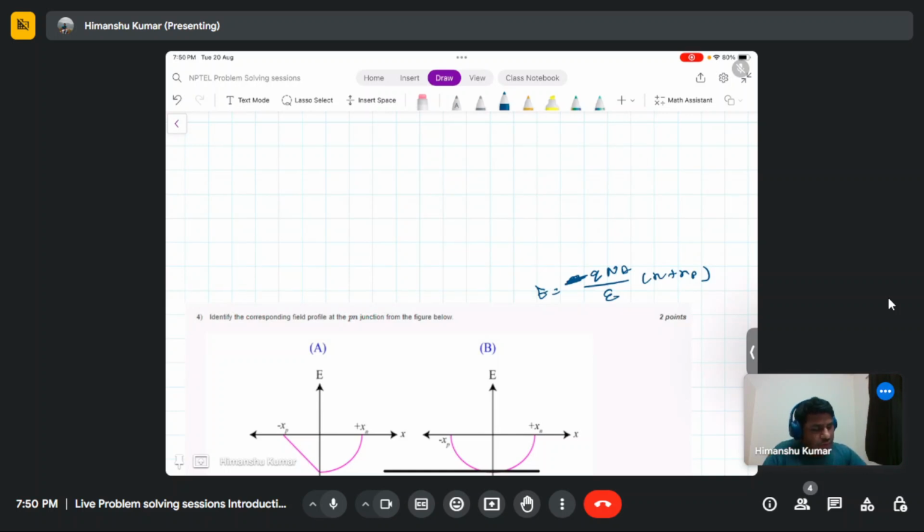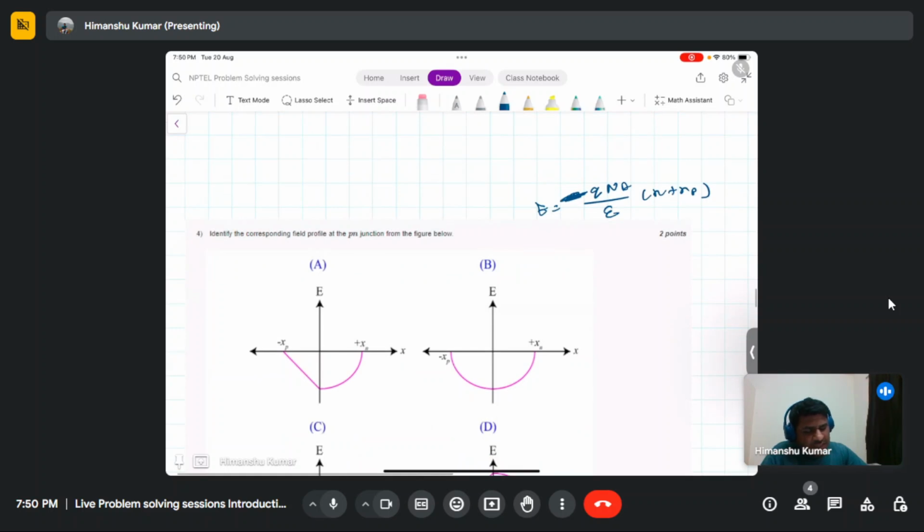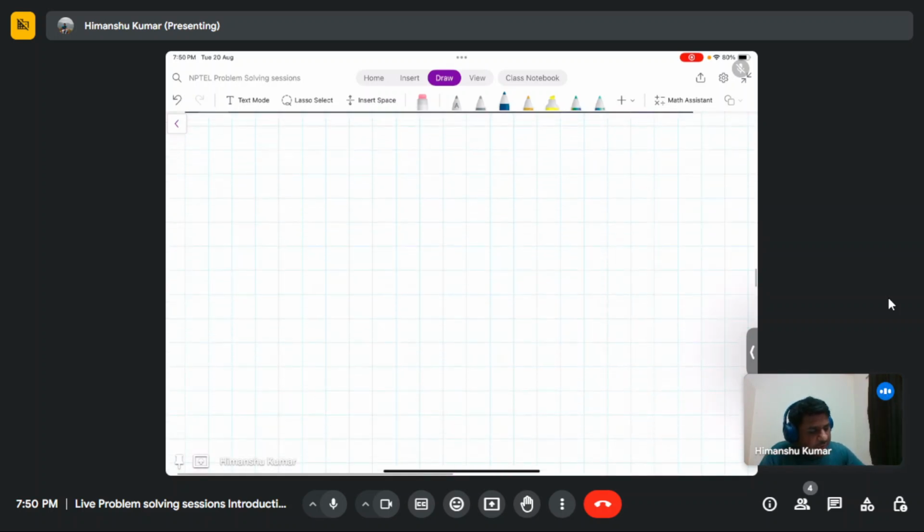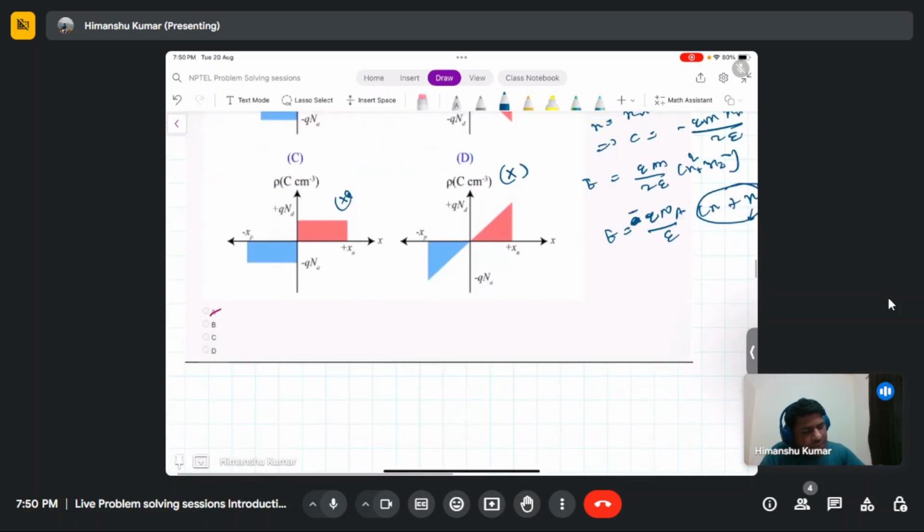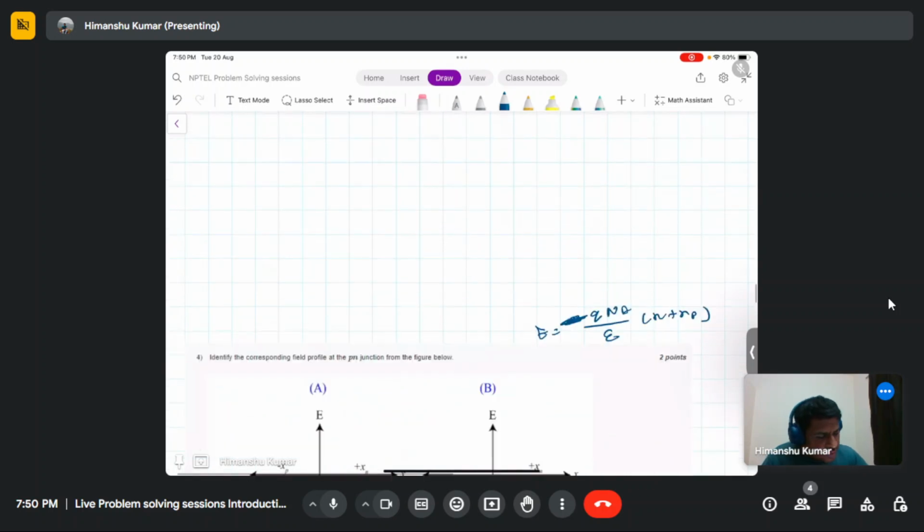You need to take this negative sign, because then the slope will be negative, so here also a minus sign will come.